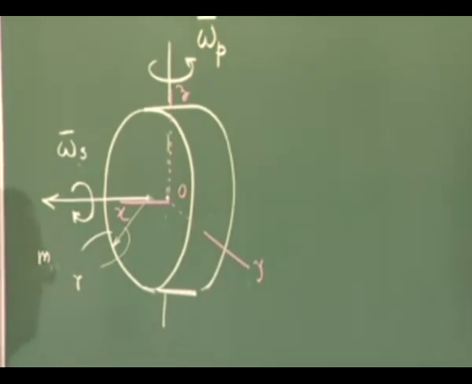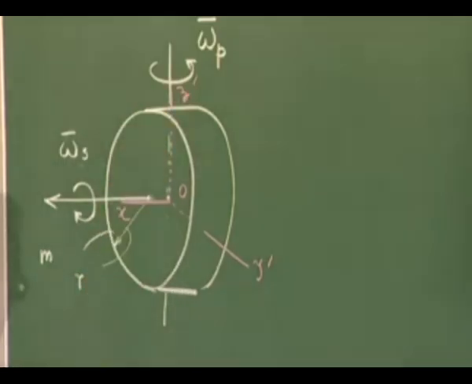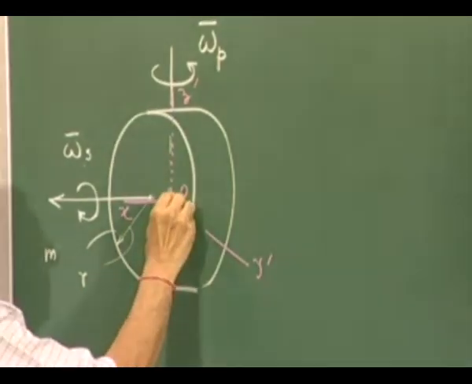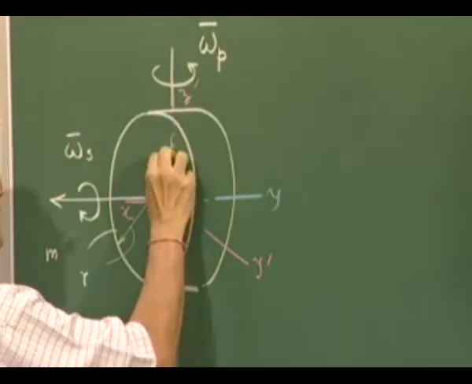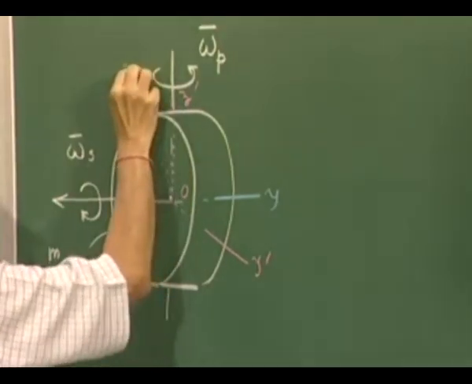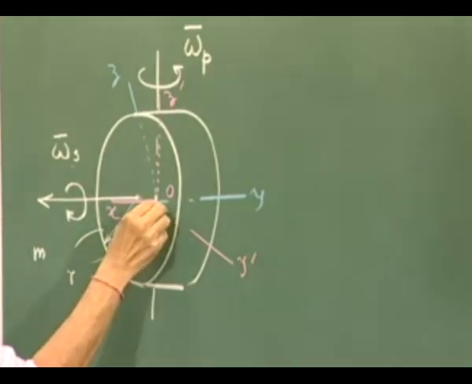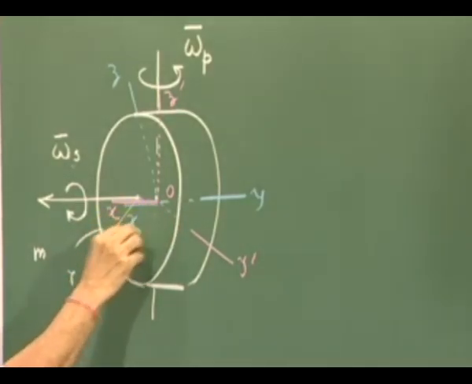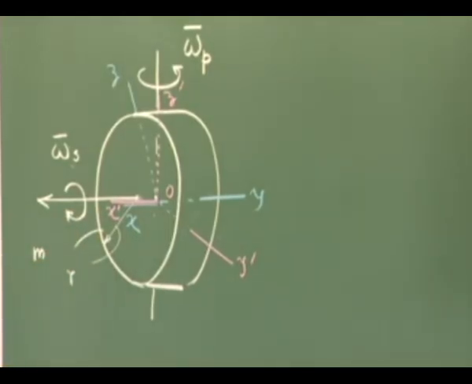So these are not the instantaneous positions of x, y and z; rather, this x, y and z will be the instantaneous axes which are rigidly attached to the body and rotating along with it.